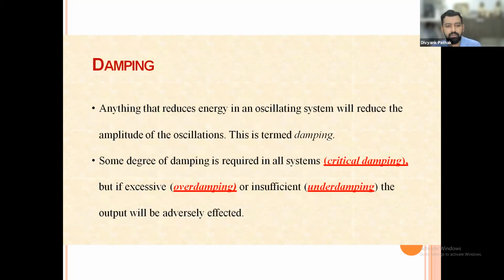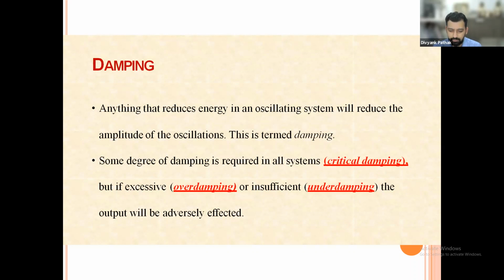Now, coming to damping, this is very important to know and understand. Anything that reduces the energy in the oscillating system will reduce the amplitude of the oscillation. That is damping. Damping means the reduction in the amplitude of the oscillation. Some degree of damping is required in all systems, which is called critical damping.